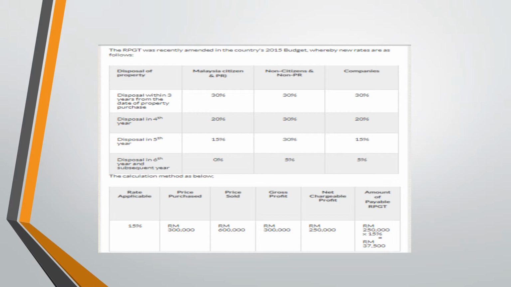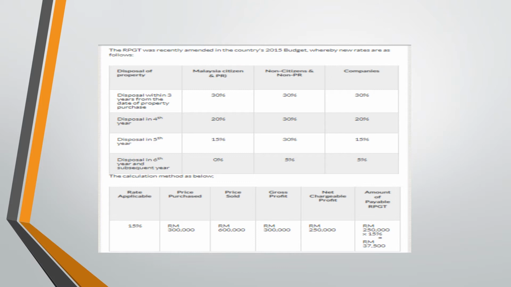Disposal within 3 years from the date of property purchase for Malaysian citizen is 30%, non-citizen is 30%, and companies also 30%. Disposal in the 4th year, Malaysian citizen decreases to 20%, but non-citizen still remains 30%, and companies also decrease to 20%.